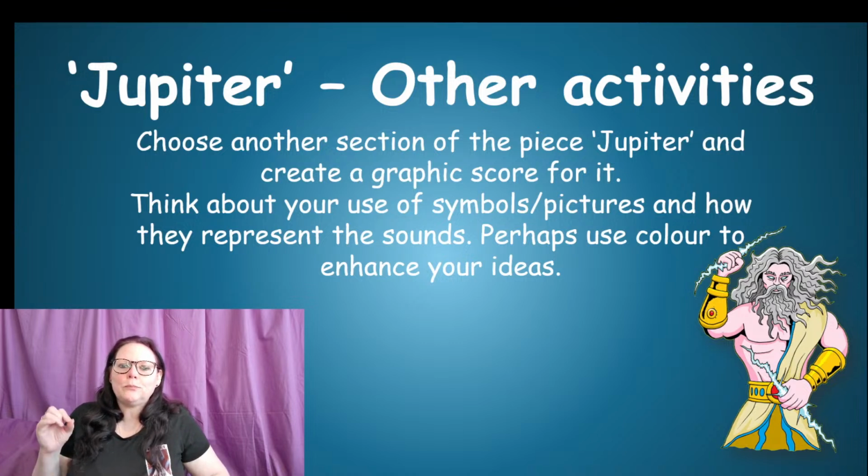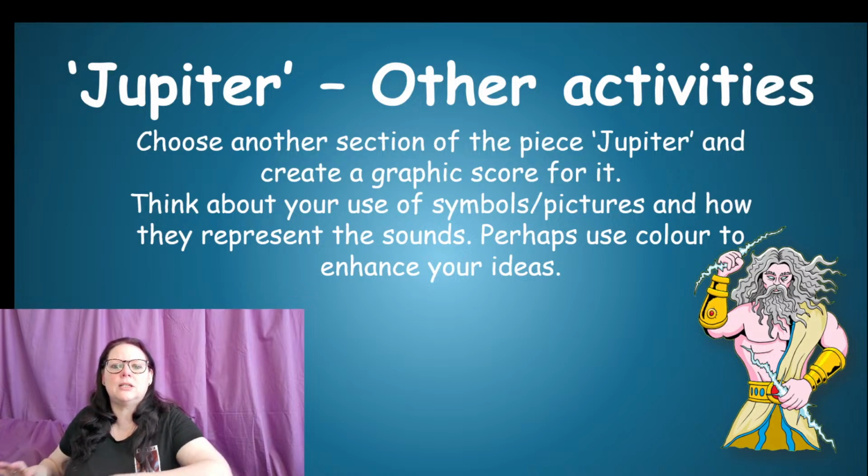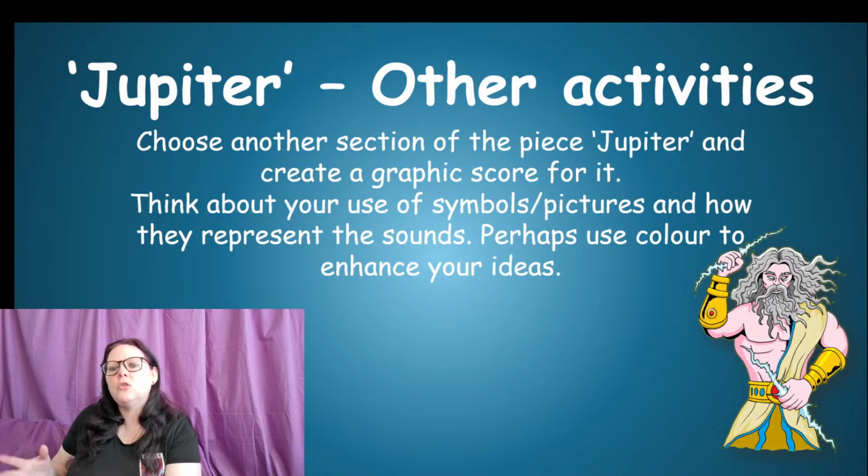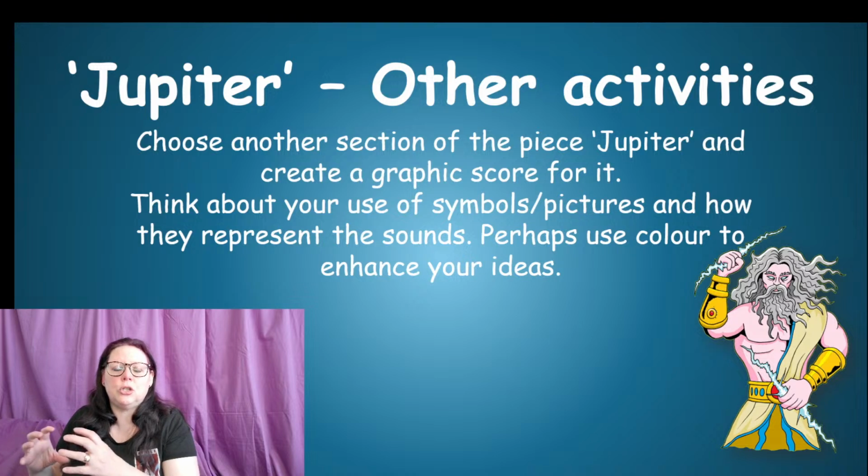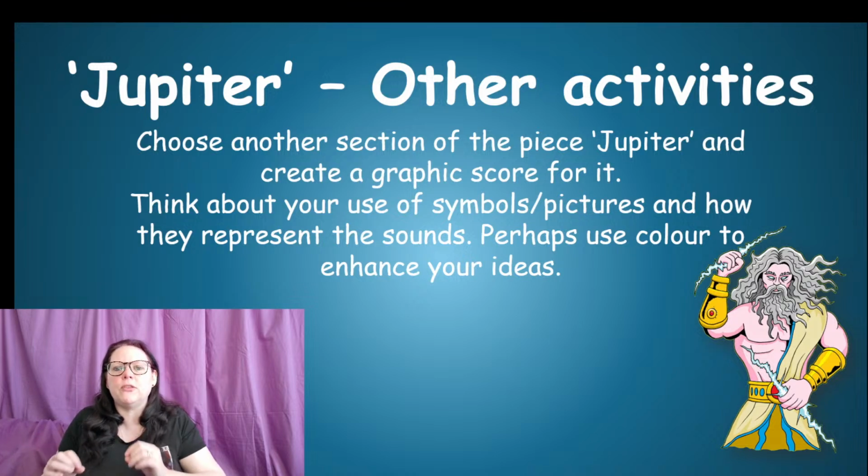But here's a final sort of activity for you to have a go at. Now, right at the start, I said that Jupiter is in lots and lots of sections. So we've listened to the coda, the end bit, we've listened to the beginning, and we've listened to the sort of hymn section. But there are other things going on in this piece of music that make it just an amazing, awesome piece of music. Lots of other ideas.